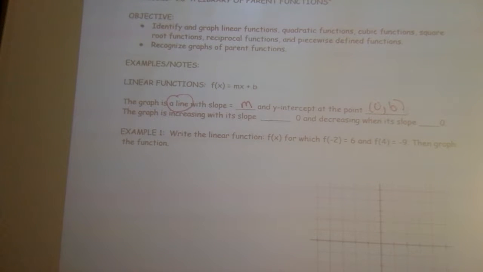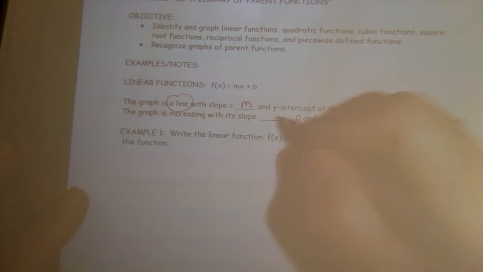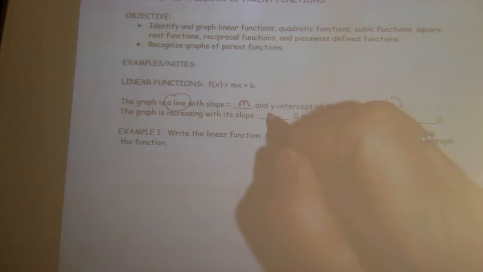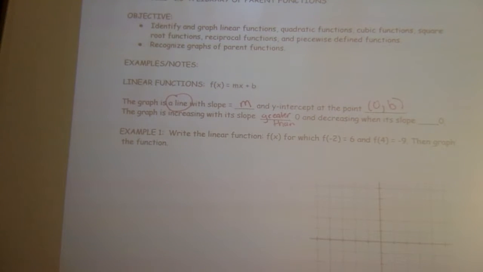The graph is increasing when its slope is greater than 0, and decreasing when its slope is less than 0.